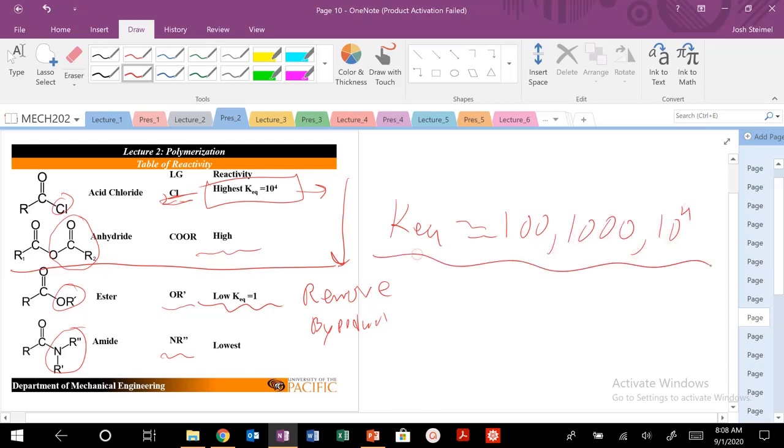Once K equilibrium is around 1 or less, we need to do tricks. If we want to make a polymer with appreciable molecular mass, we have to intervene in our chemistry process. That's why we're polymer scientists, engineers, and chemists: to make the materials we need for any given application.